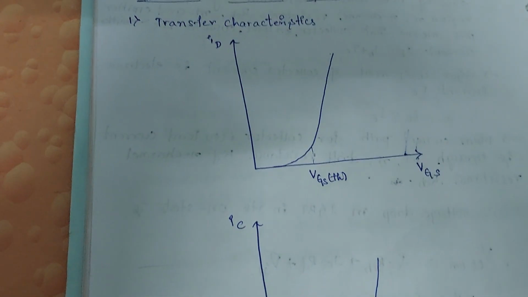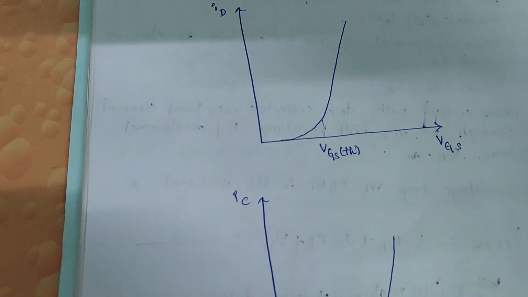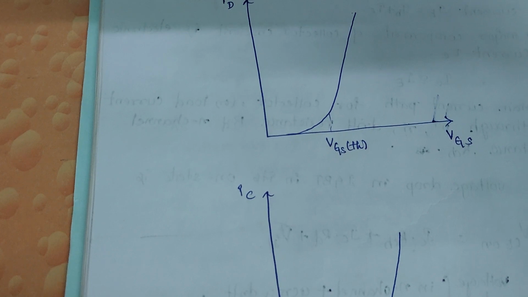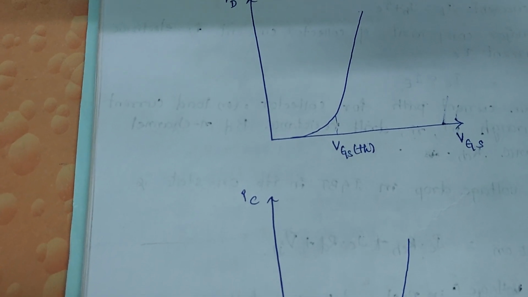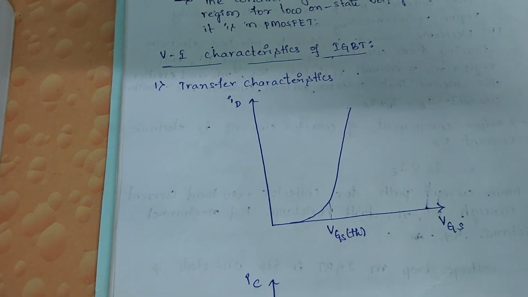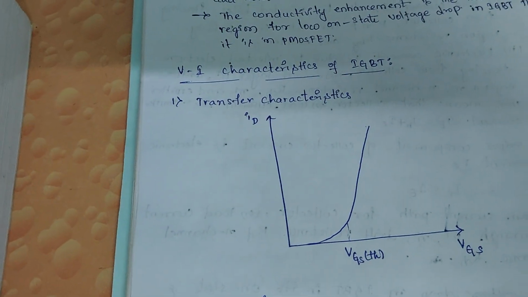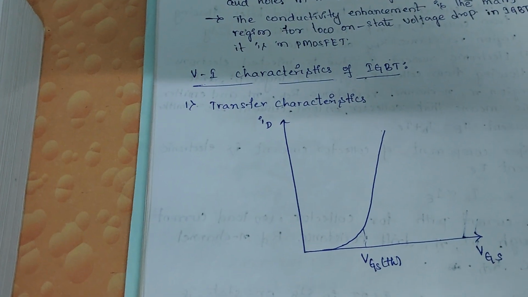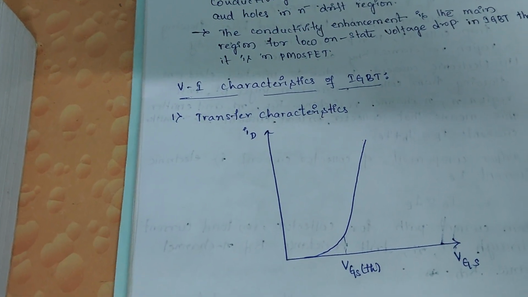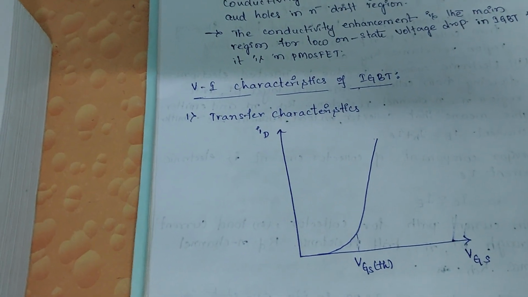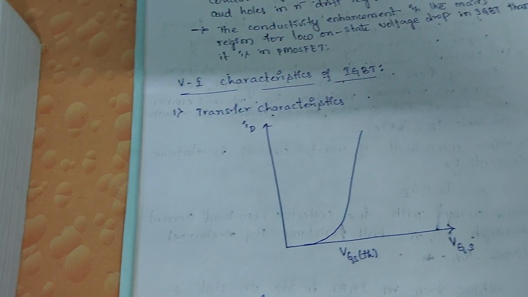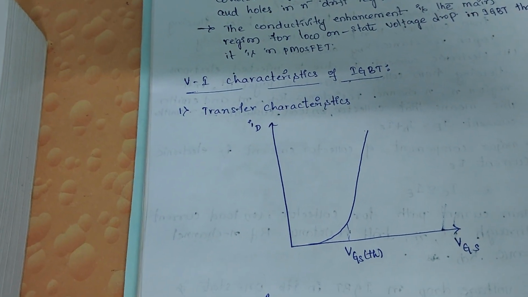Now when the gate to source voltage is less than the threshold voltage, there is no inversion layer, so the N channel that connects the drain to the source is not created. Consequently, the drain to source is open circuited, the applied voltage is dropped across the junction, and a very small leakage current flows.